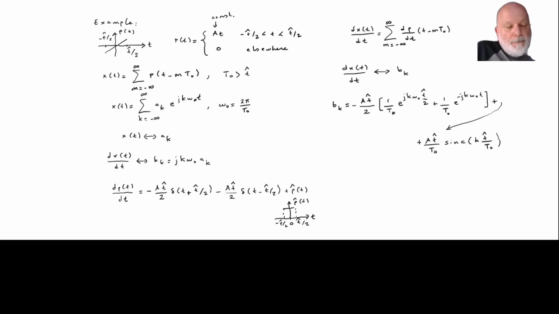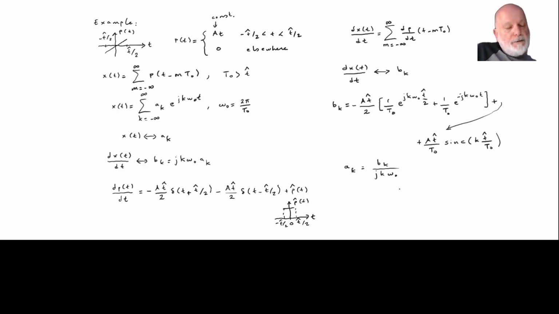So we can obtain ak as follows: bk divided by j k omega 0.